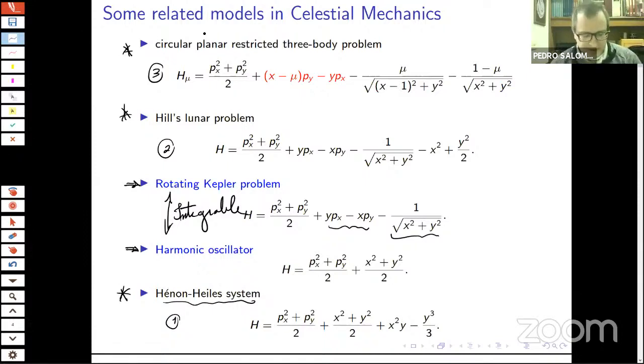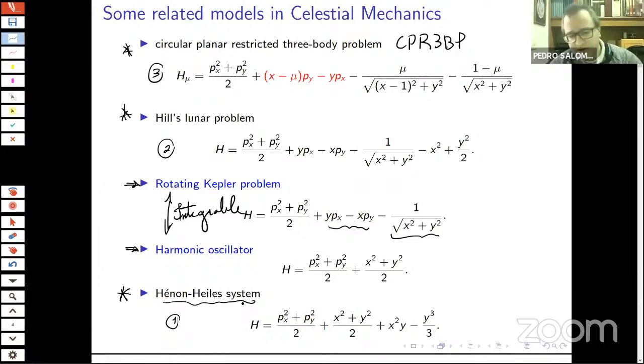So this is by far the most difficult problem, and somehow the Euler problem of two centers is a simplification of the circular planar restricted three-body problem. And the Hill lunar problem is also another type of simplification of the first one. And the Hénon-Heiles system is a different dynamics of a star in a galaxy.